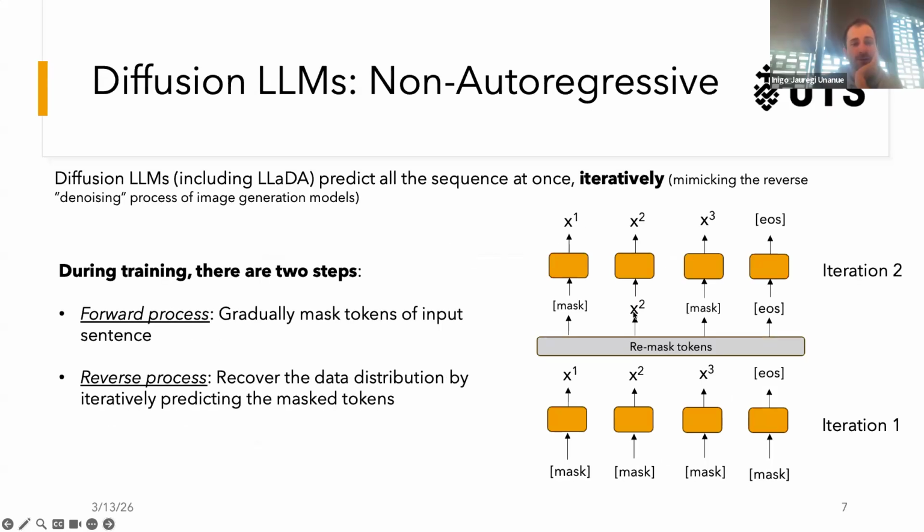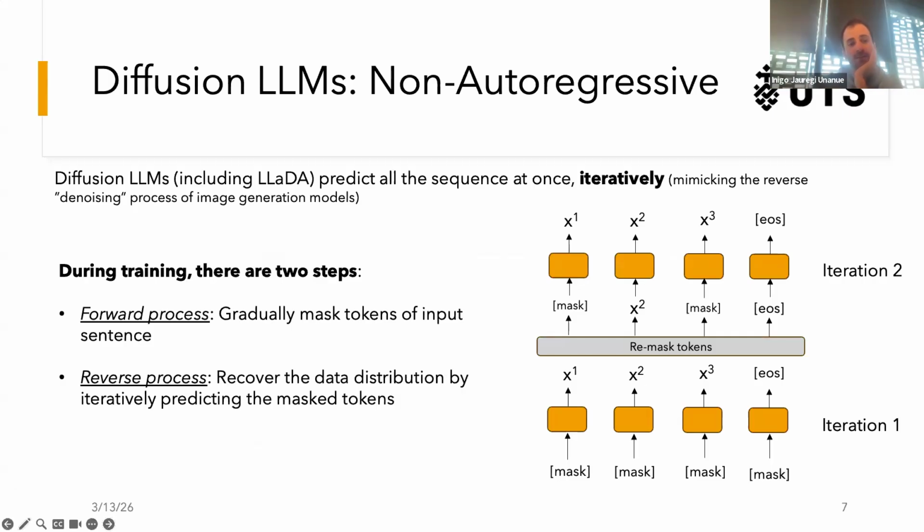Instead, the diffusion models are non-autoregressive. So what they do is they predict the whole sequence at once, and they can then iterate over that. So it can be an iterative prediction, where they try to mimic the denoising process that is also available in images.